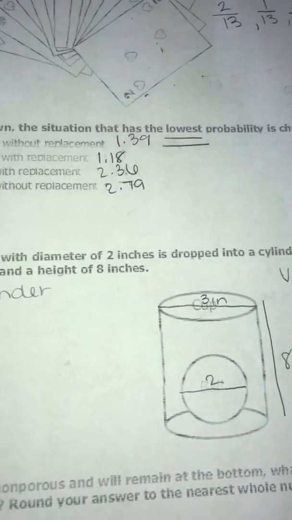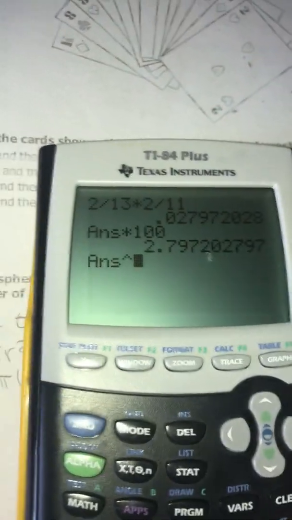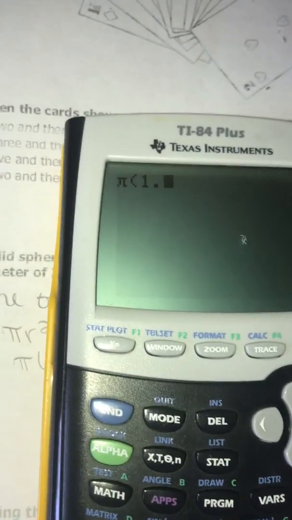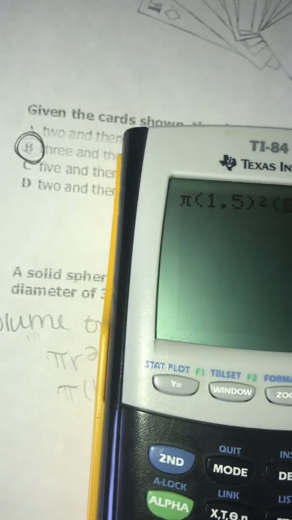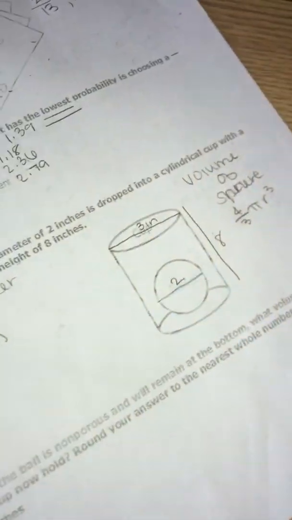Okay, so half of 3 is 1.5, so we'd have 1.5 squared times 8. So if we plug that into the calculator, pi times 1.5 squared times 8 gives us 56.54.